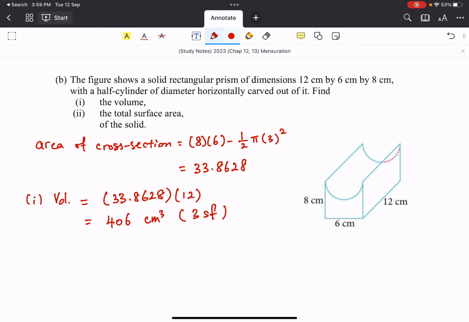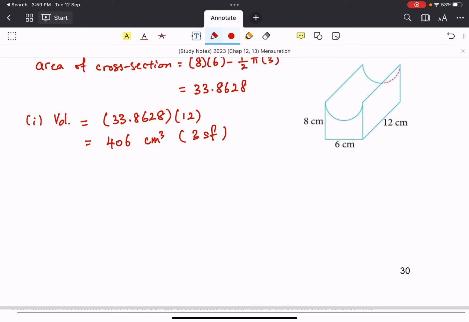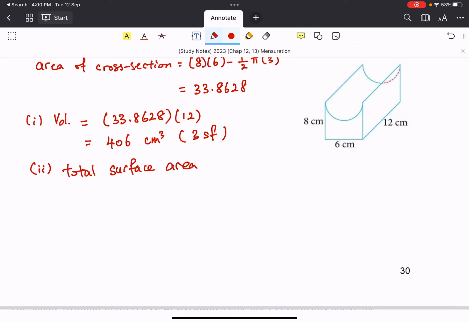Part 2, let me scroll up. Part 2, this time round we are told to find the total surface area. Same procedure, it will be 2 times the cross section, which we already found in the earlier part, plus we want the perimeter of the cross section now.